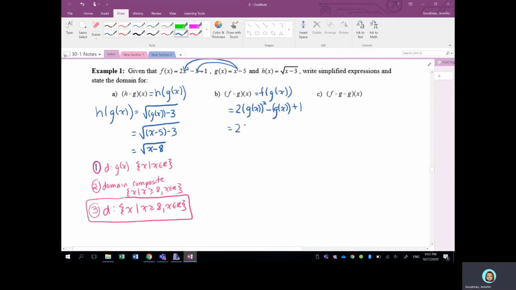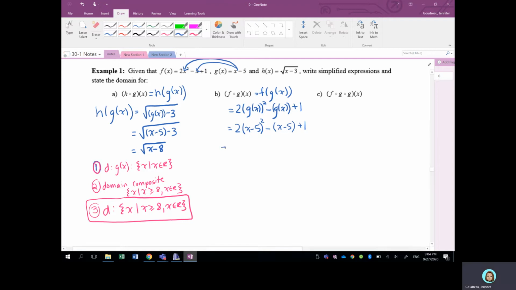So let's replace the x with x minus 5. 2 times g at x squared becomes 2 times (x minus 5) squared, minus g at x becomes minus (x minus 5), plus 1. You'll notice we're very careful when we substitute to use brackets.